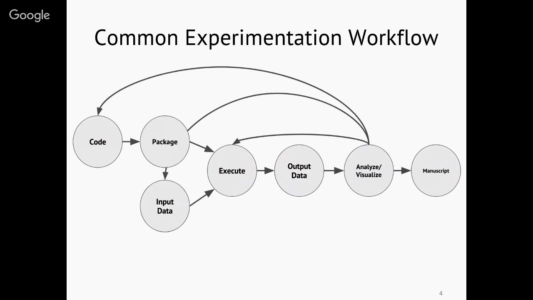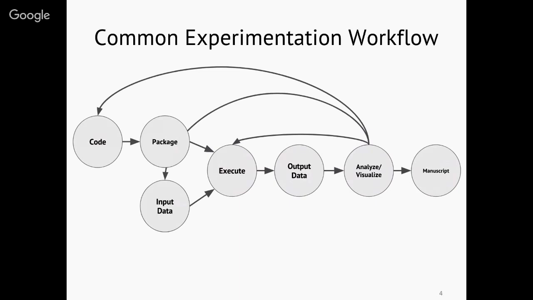To work on this, we try to abstract any type of experiment, and we came up with this very high-level workflow. Following the 80-20 rule, we think at least 80% of experiments, a big chunk, can be abstracted by this diagram.